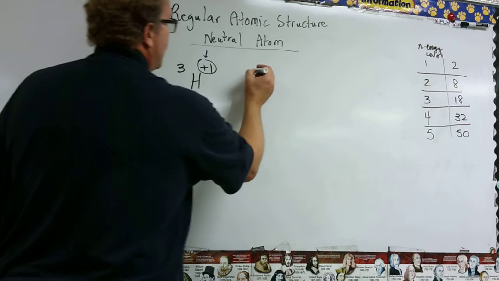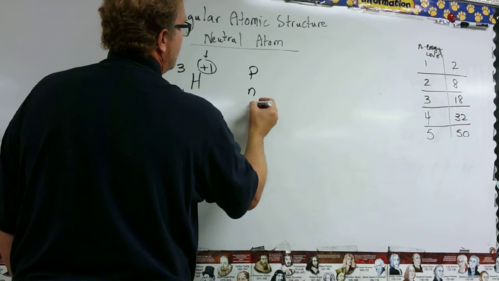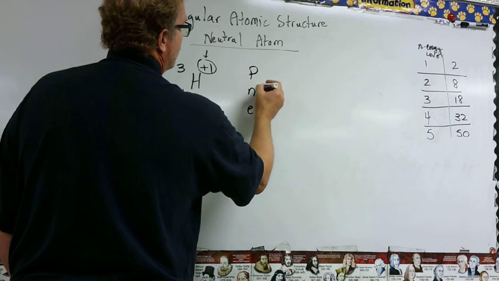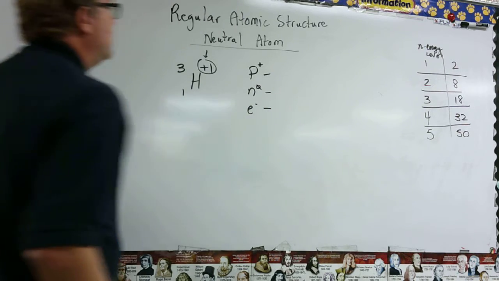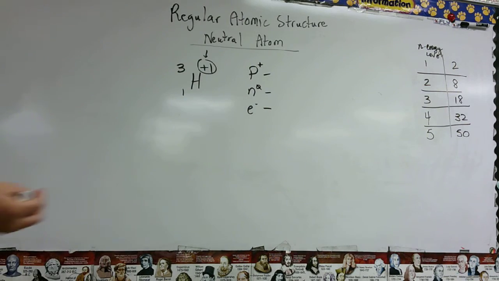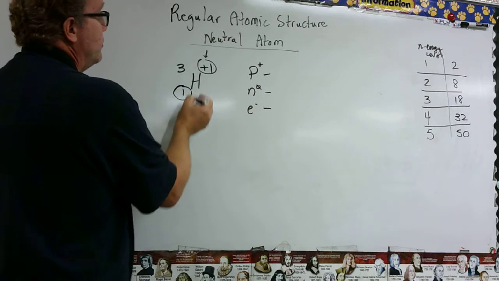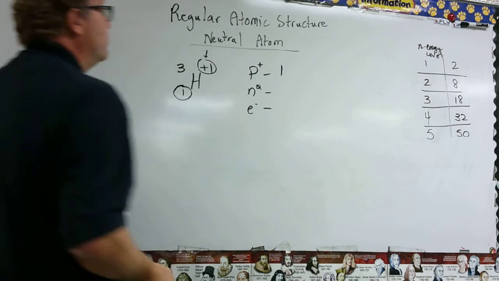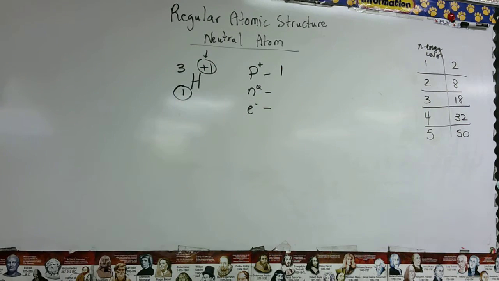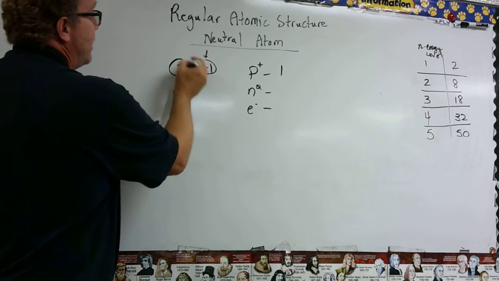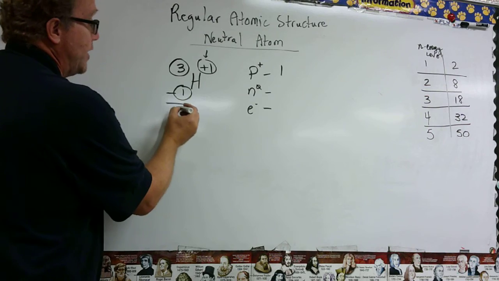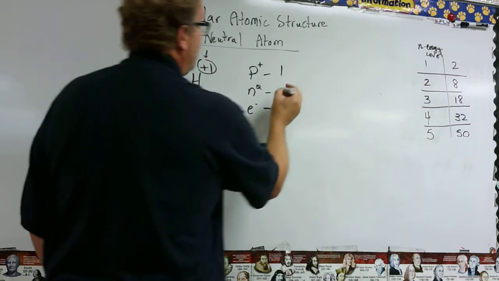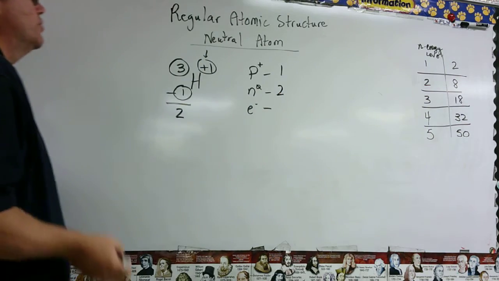If I do my atomic structure, again, I'm doing an easy one, so it's not overwhelming. I'm going to use my atomic number, which is 1. I would just do it in order. Then I know this is going to be my mass number. Another way to look at this is I can just subtract these two numbers, which is now 2 for my neutrons.